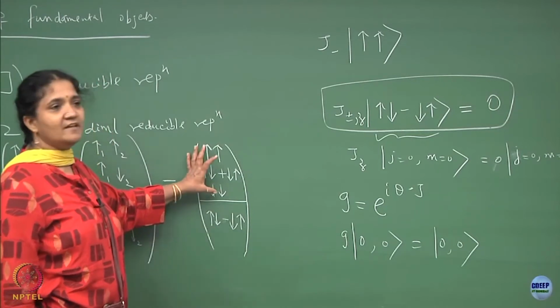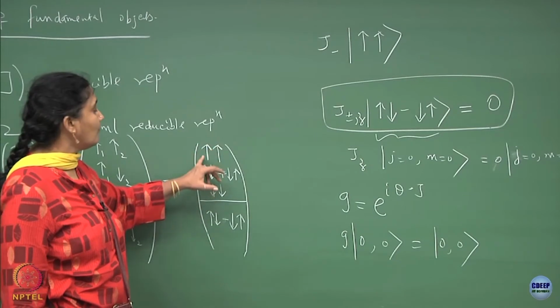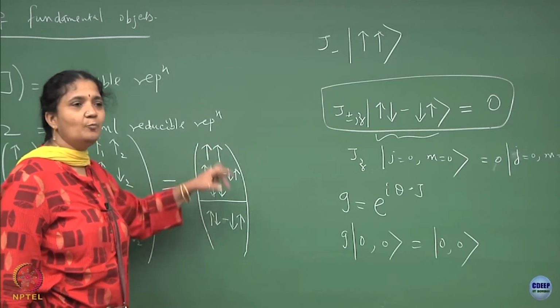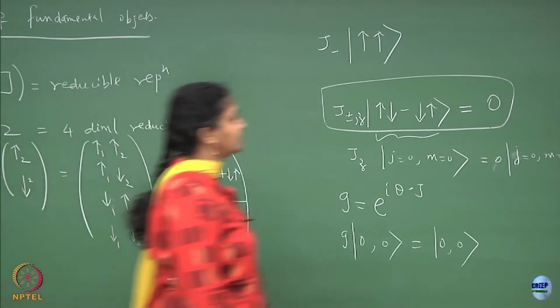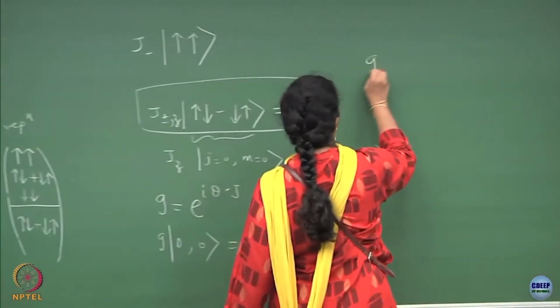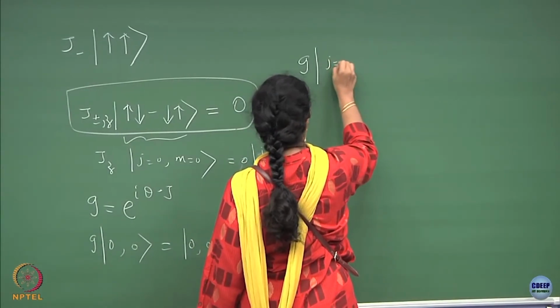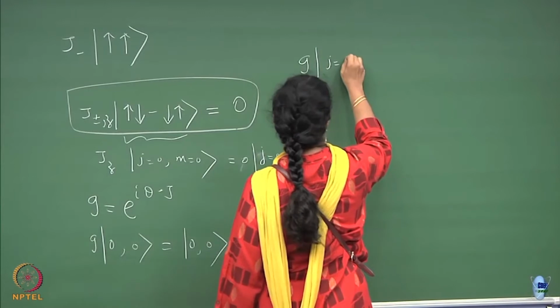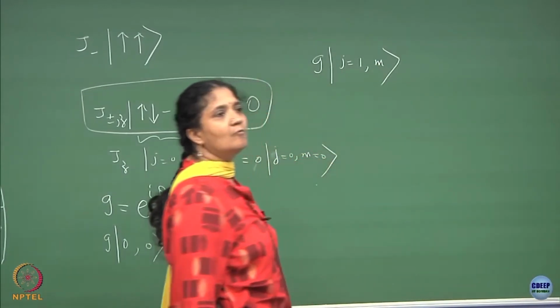The rest of the things, if you do a ladder operation, you can go from one to the other, and any group operation which you do on an arbitrary state, what do you expect?